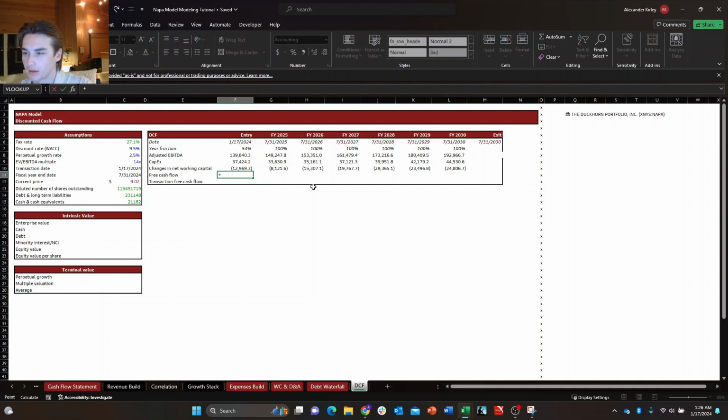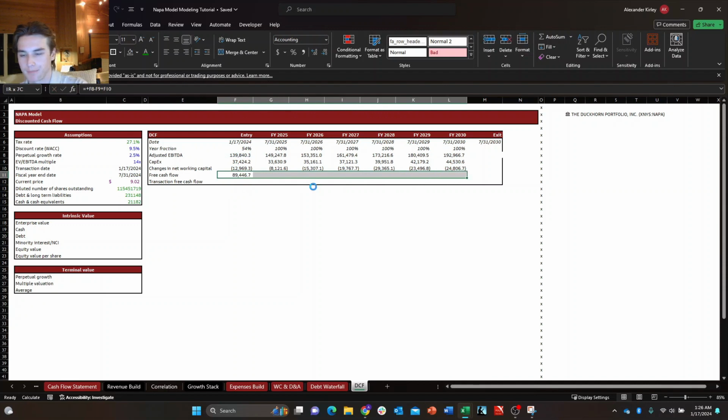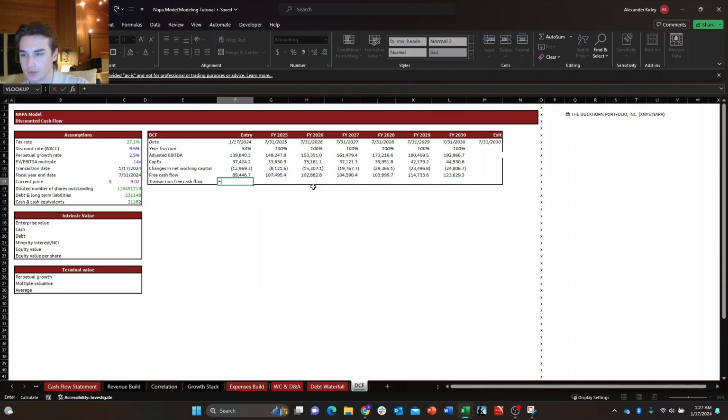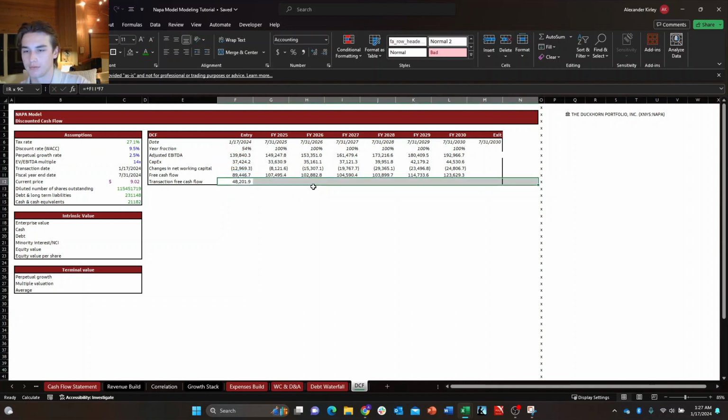So what we're going to do here is take our adjusted EBITDA, subtract our CapEx, and add our changes in net working capital. And that gives us our free cash flow. Fantastic. And then transaction free cash flow, we're going to take this and multiply it by the year fraction. Excellent.